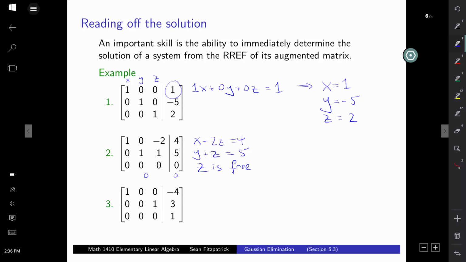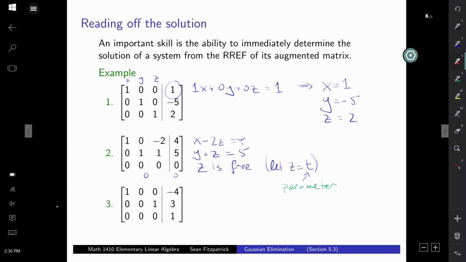And one of the things that we often like to do in this case is we might say, let's let z equal t. Okay? And we think of this t as called a parameter. It's a free variable. And in terms of that parameter, we get this solution.